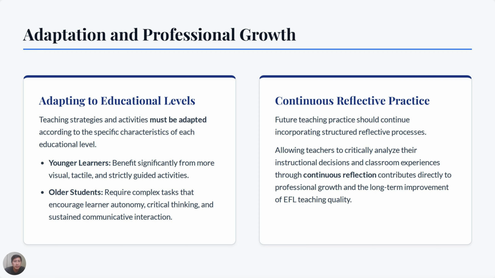Finally, and perhaps most important for our profession, future teaching practice must continue to incorporate a reflective process, allowing teachers to critically analyze their instructional decisions and classroom experience through continued reflection. This will ultimately contribute to professional growth and sustain the improvement in the quality of English teaching.